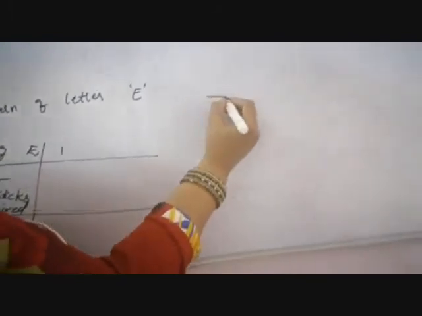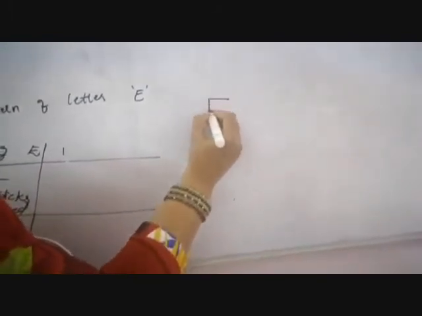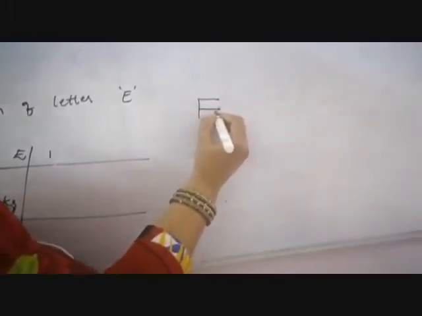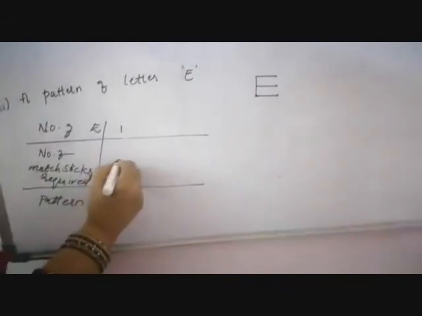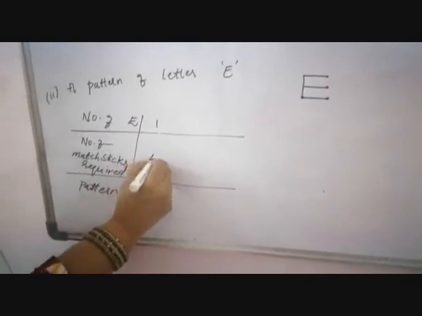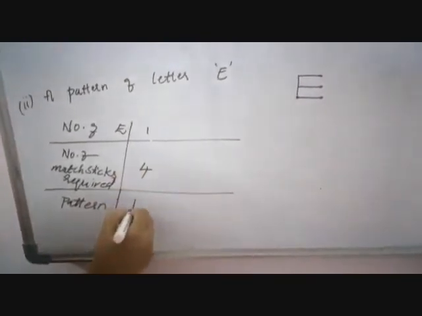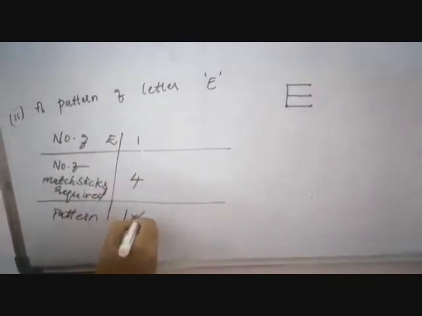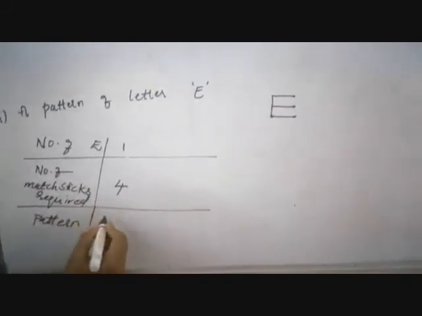See, 1, 2, 3, 4. So 4 mastics. So for 1 E, you require 4 mastics. That is 1 E into 4, isn't it? So you can write mastics into 1 E.